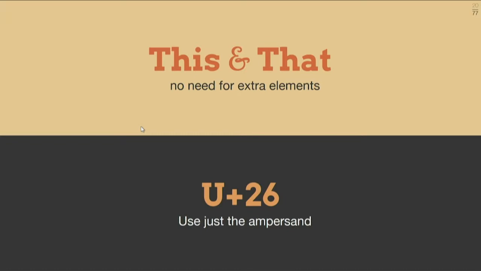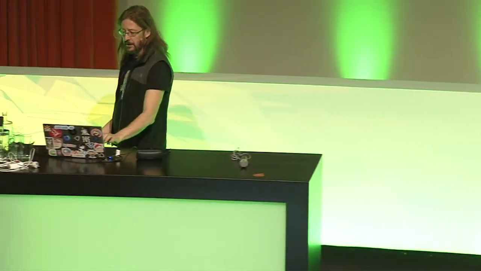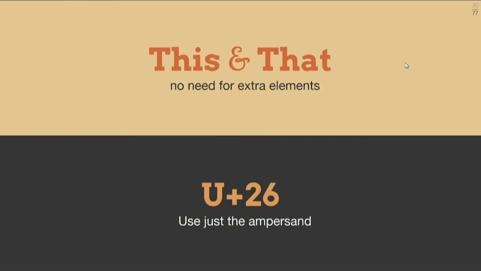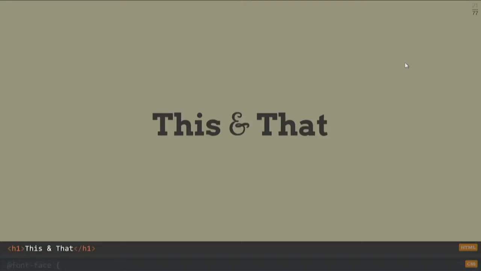Here's an example. So we want to have a fancy swash ligature there of the ampersand, but we don't want to have a span around the ampersand or anything nasty like that. So what we'll do is we'll use Unicode range. So there's the CSS.